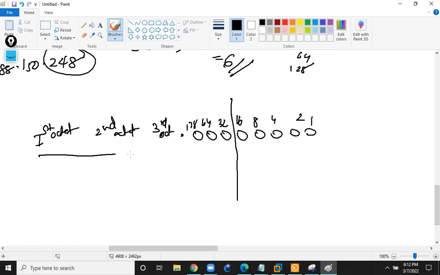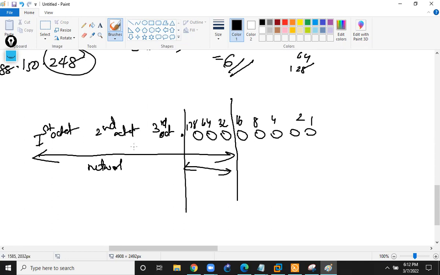So to the left side of the line you have the network bits. You have added 3 more bits to the network, and these 3 more bits are called subnet bits. So how many bits do you have in the network portion?